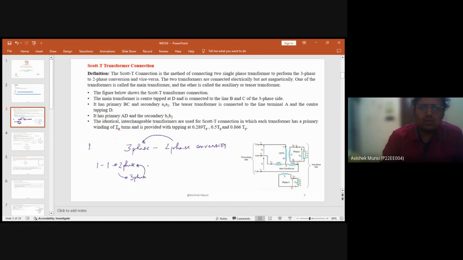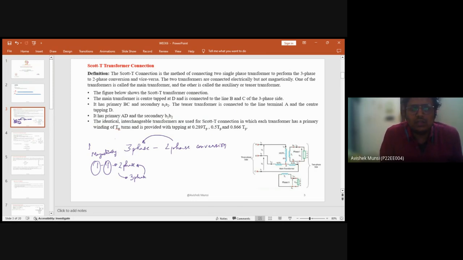Okay. These two single phase transformers are connected magnetically, not electrically. As you know from the principle of a transformer, both the coils are not connected electrically. So here also it is based on the principle of magnetism.